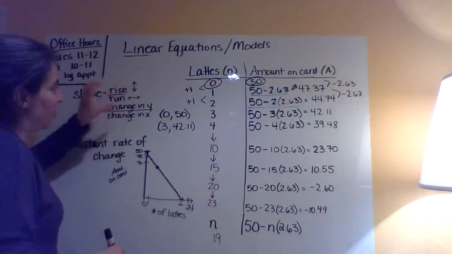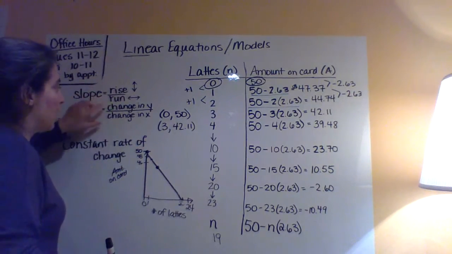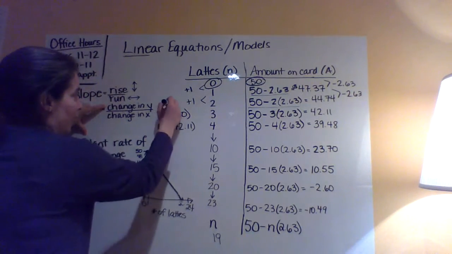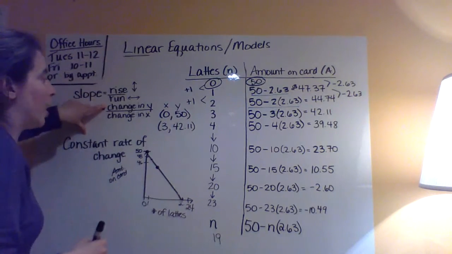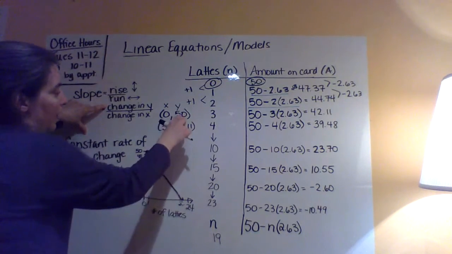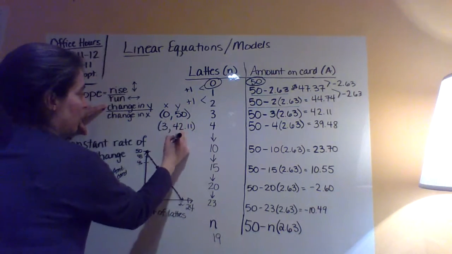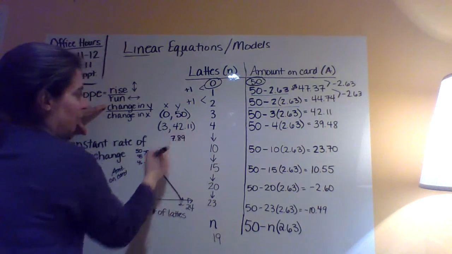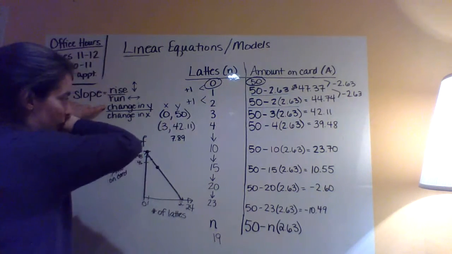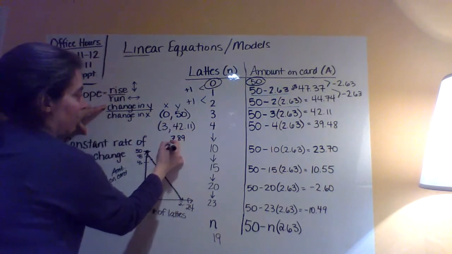So if I want to find the rate of change, or the slope, I want to find the change in Y values. So remember, this is X and this is Y. So Y minus Y, I subtract those. And if I do that here, I would get 7.89. Okay, 50 minus 42.11, it's going to give me 7.89.